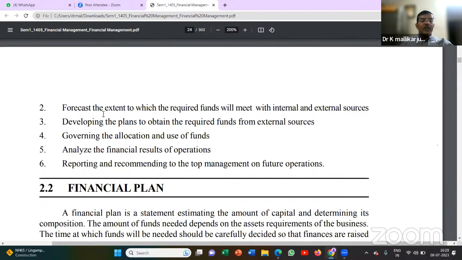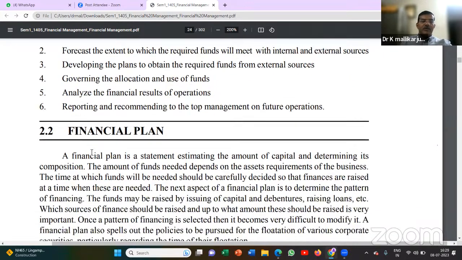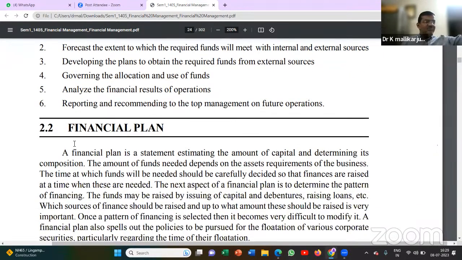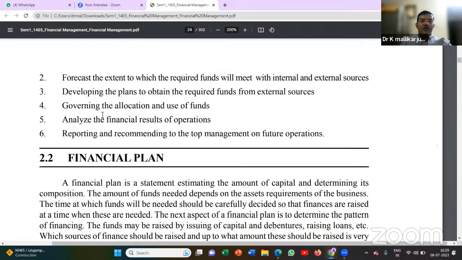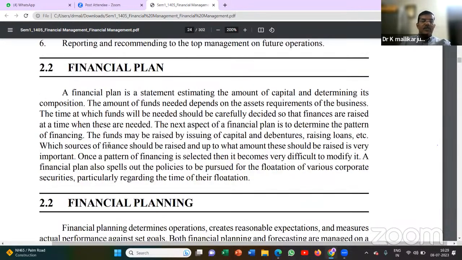Forecasting means forecasting the extent to which the required funds will be met from internal and external sources, developing the plan to obtain them, and analyzing financial results of operations.